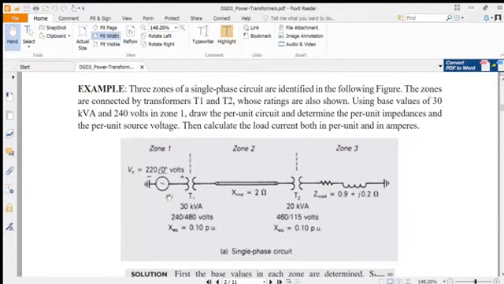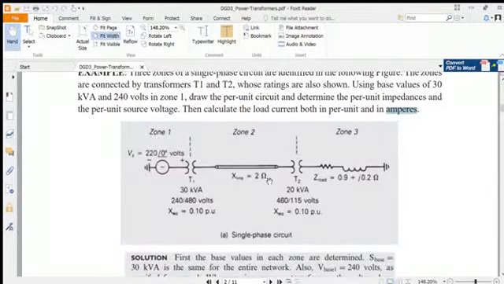Transformer 1 has the same value, 30, and 240 on the primary side. Now we have to draw the per unit circuit and determine the per unit impedance and per unit voltage, and also the current in real value in amperes.